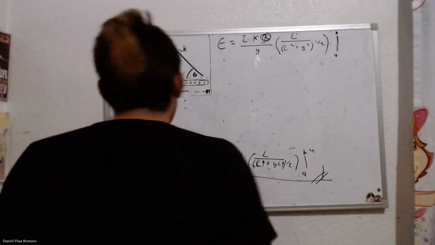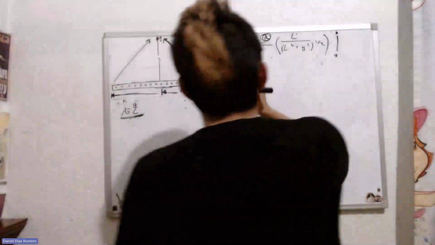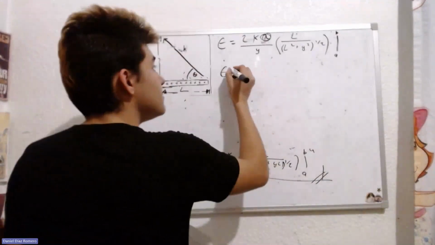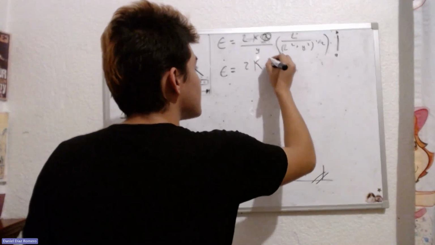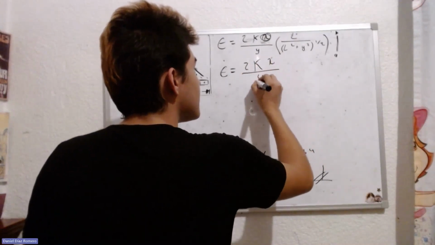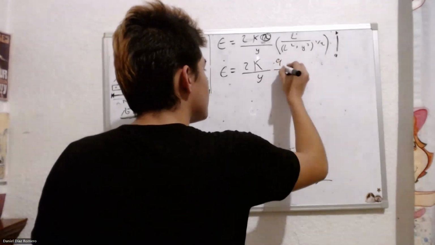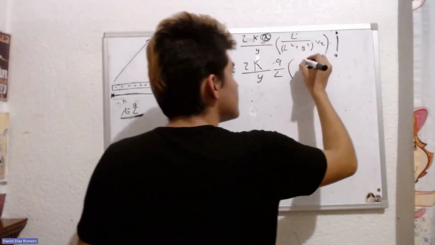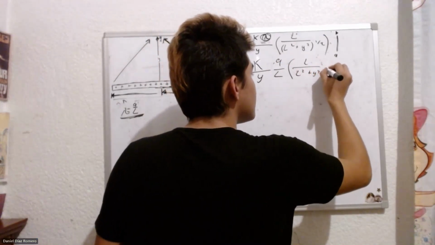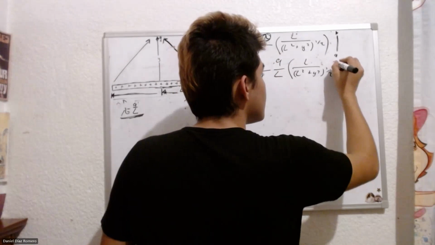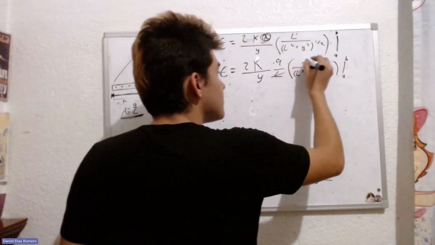So what this means is that we can replace lambda once again with Q over L, which can cancel out with this one over here.